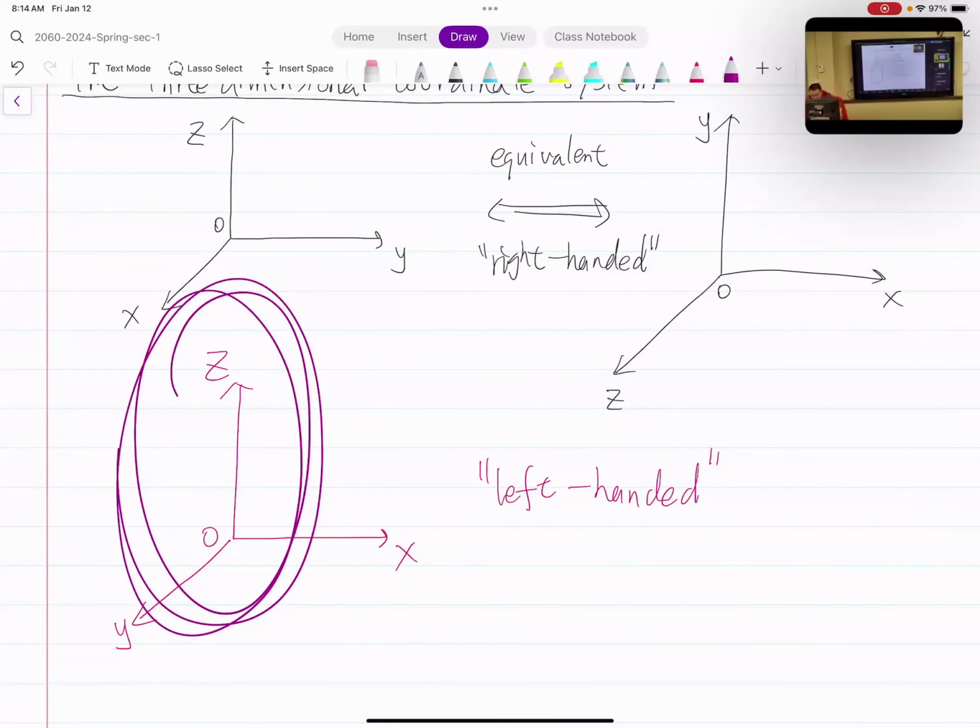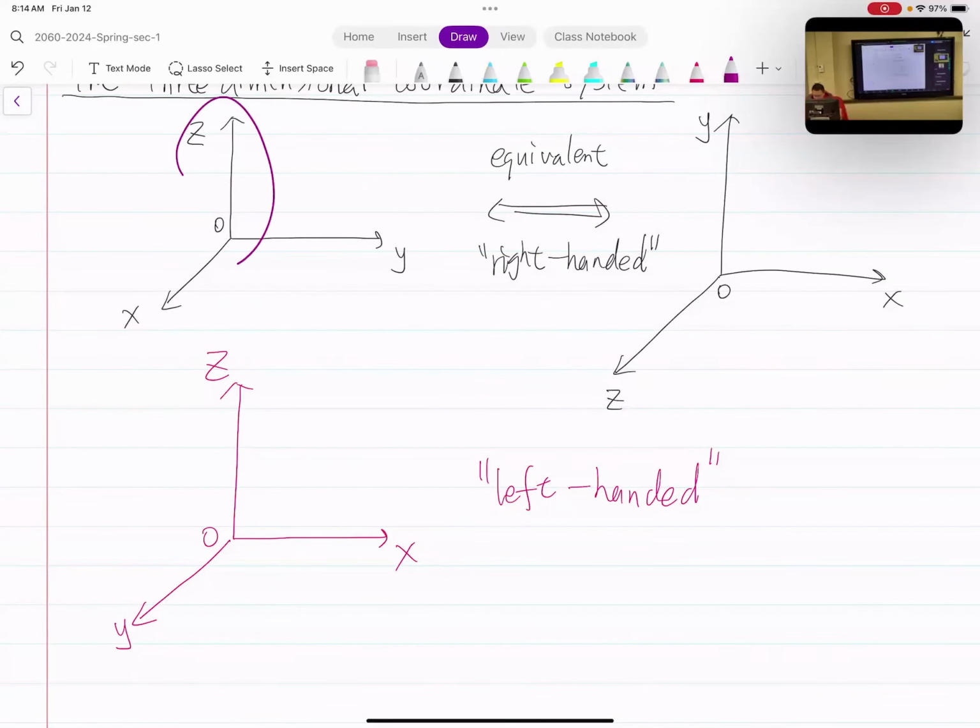You have an xy plane, and the z-axis could point upwards or downwards. That's the only two possibilities of an axis that's perpendicular to a plane. So you have two kinds. This is the first important concept from our Calc III course.